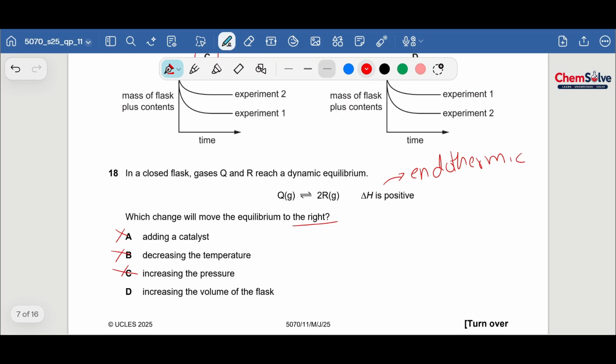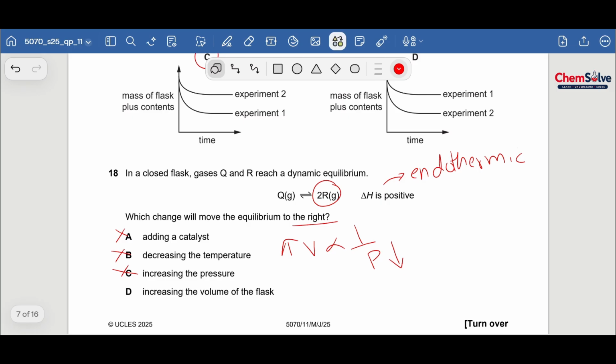Increasing the volume of the flask: according to Boyle's law, volume and pressure are inversely proportional to each other. If we increase the volume, the pressure will decrease. And if the pressure decreases, the equilibrium will move to that side of the equation with the greater number of moles, and the greater number of moles is obviously on the right hand side. So this is our correct option.